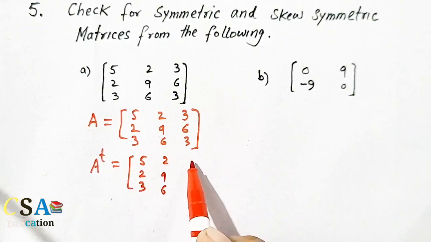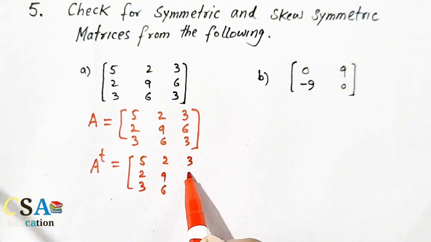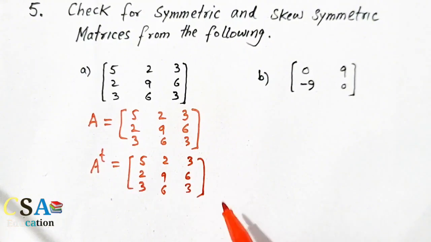3, 6, 3 is a row, so we convert it into the third column, 3, 6, 3.